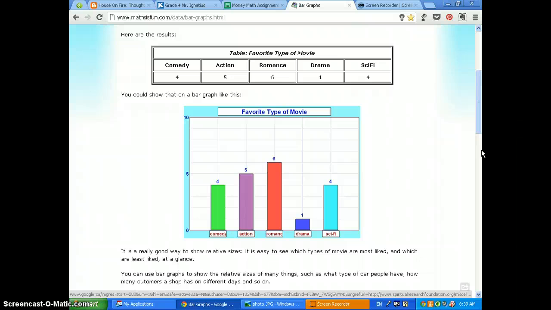Because if we ask this class here, would the data be different than the one here that we got? Yeah. Right? Would romance be our favorite? No. Okay, so looking at this, what do you think this tells about the people that were surveyed? Not that they just like romance, what else do you think it says about the people? Now you have to make inferencing. Now you got to make connections.